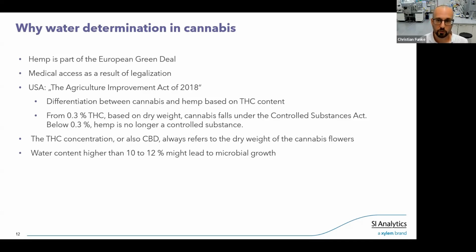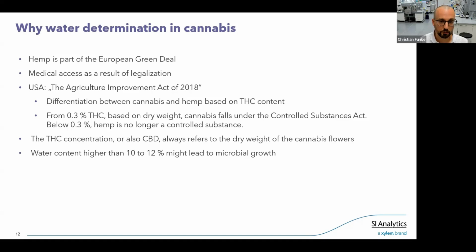This differentiation was based on the THC, the tetrahydrocannabinol content, which is the main active alkaloid in cannabis. In this act, a level of 0.3% was chosen to separate them.